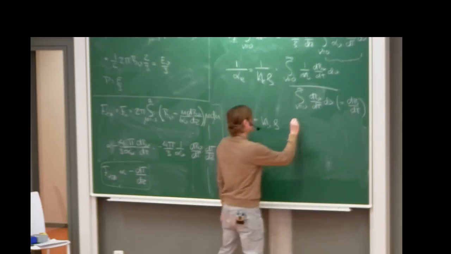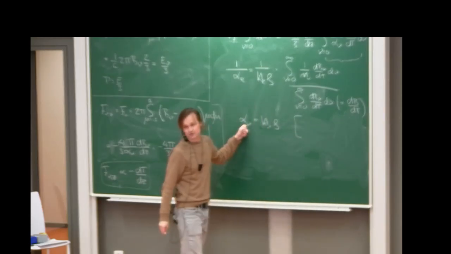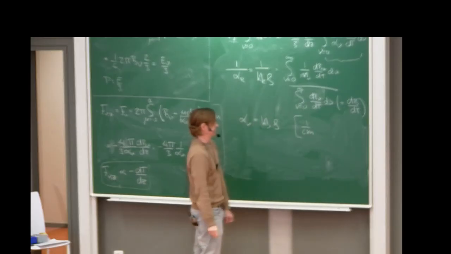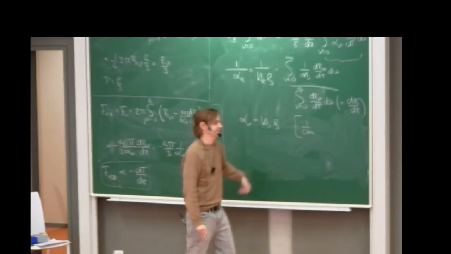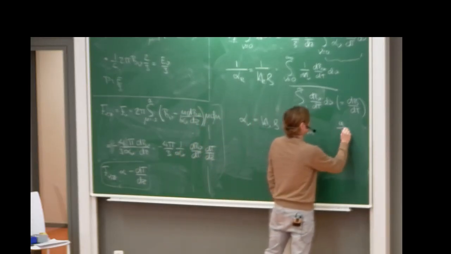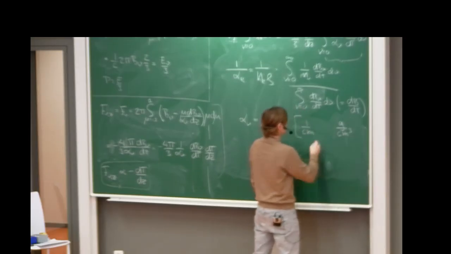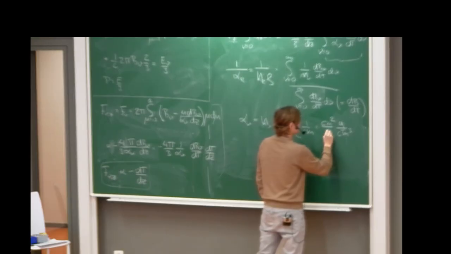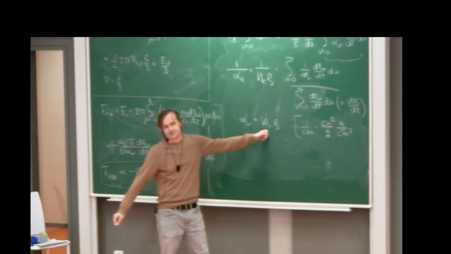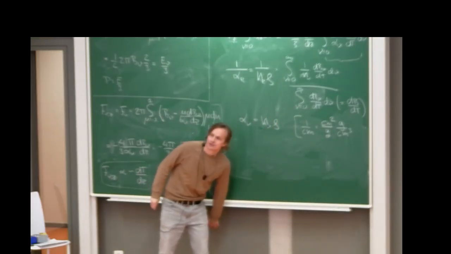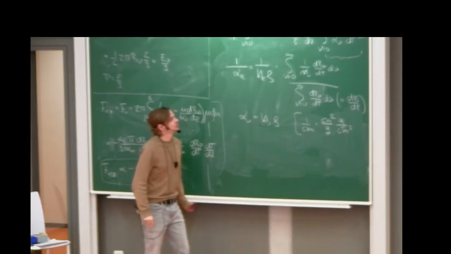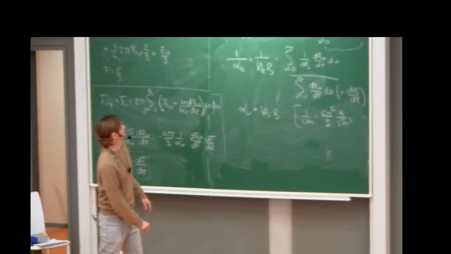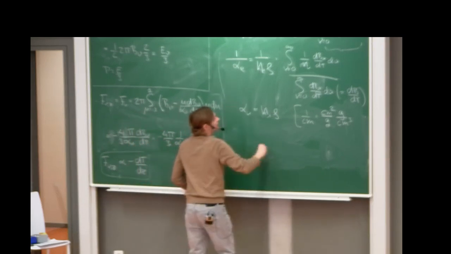We can look at the units it has to have. This was 1 over centimeters in our lovely CGS units. This is the mass density, so that is grams per centimeter cubed. So you can see that this kappa, the opacity or mass absorption coefficient, must have centimeters squared per gram. This was then an aside.